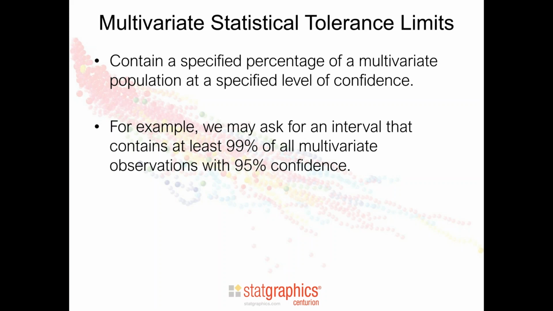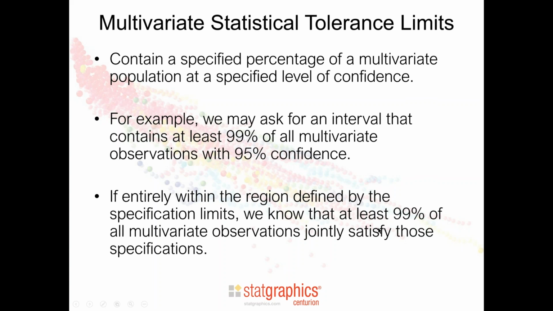So we can say, give me an interval, actually a region, with at least 99% of all my multivariate observations with 95% confidence. And as is the case with univariate statistical tolerance limits, if the multivariate statistical tolerance limits are completely within the region defined by the specification limits, then we know that at least 99% of all multivariate observations jointly satisfy those specifications.